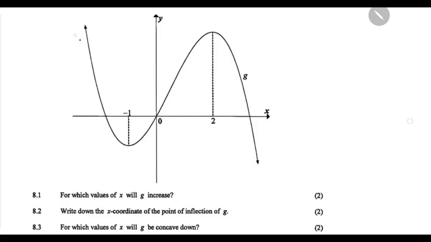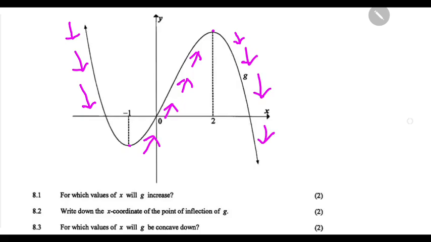The graph g is decreasing till this turning point. From this turning point, it is increasing, going up, and this is the second turning point. After the second turning point, it is again decreasing.